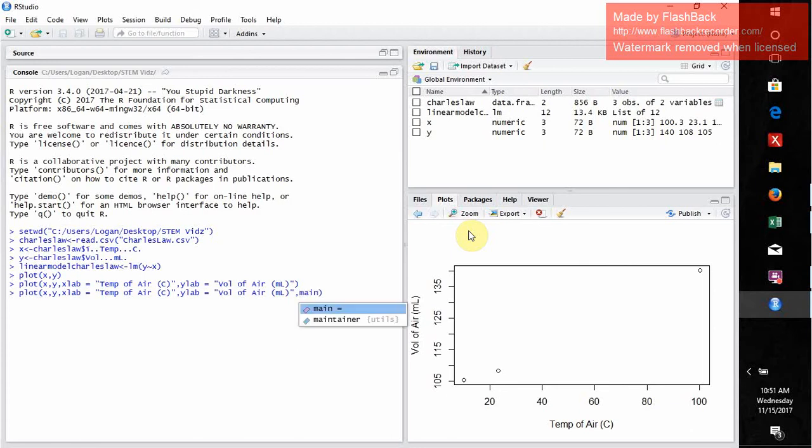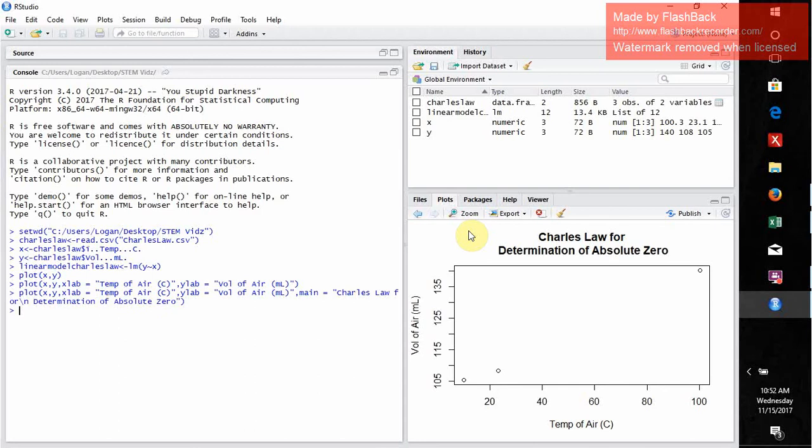So I'm going to go ahead and put a main title on, and that's going to be Charles Law for, and because this is going to be kind of a long title, we're going to go ahead and go to a new line. So we can do that with \n, Charles Law for determination of absolute zero. Let's see how that looks. Okay, that looks good to me.